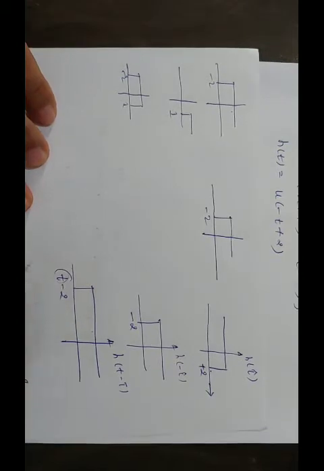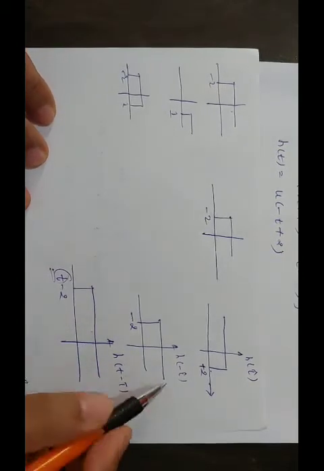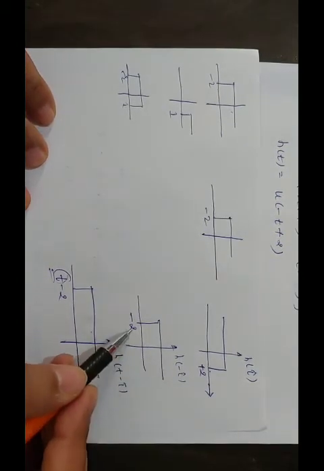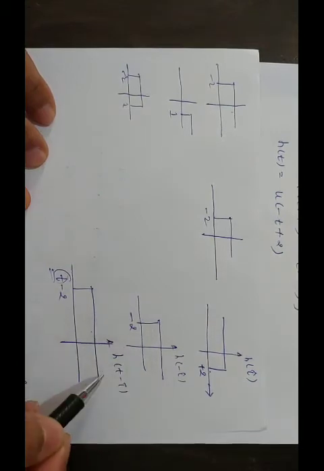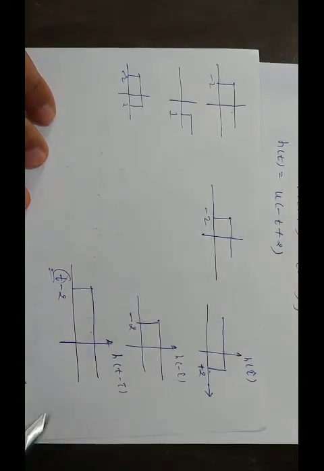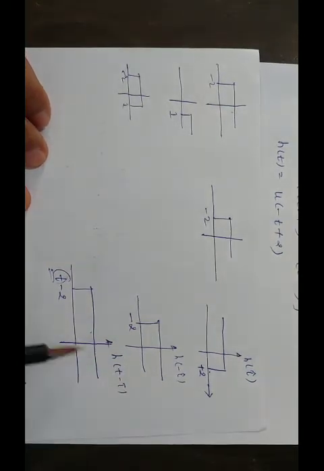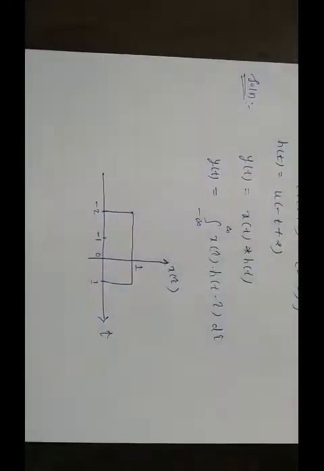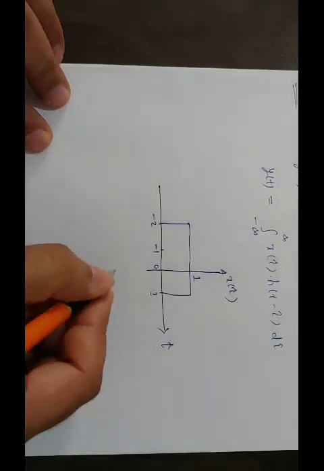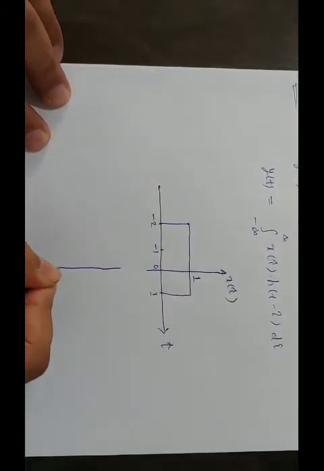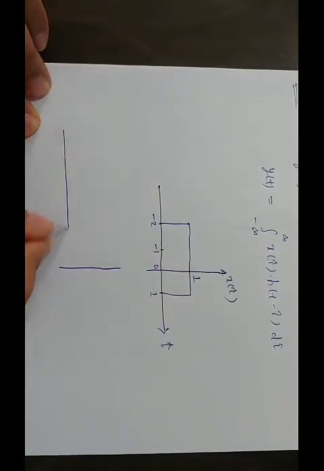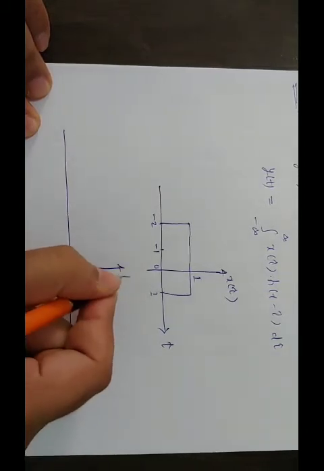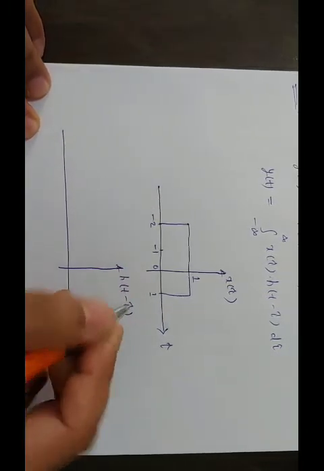Remember, when I put t equal to 0, I should get h of minus tau, and I am getting it at minus 2. So this is my h of t minus tau, which I am going to consider and draw here.